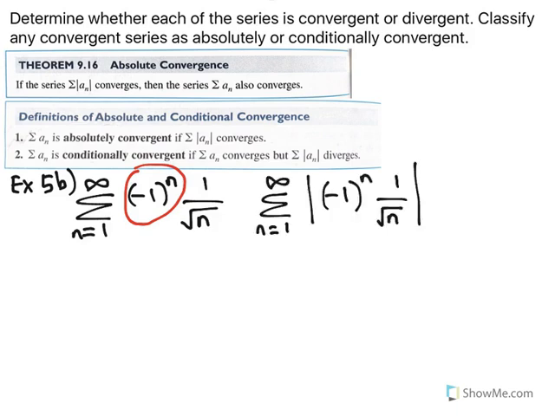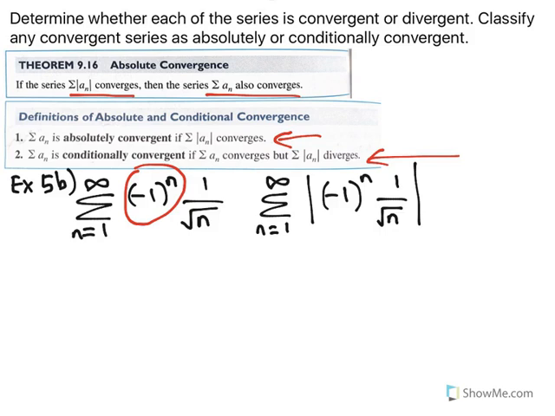We can determine if it converges or diverges. If it converges, then we can use Theorem 9.16 to conclude that the original series must also converge, and we would know that the original sign series is absolutely convergent. However, if it diverges, then we may have conditional convergence, so we would have to check for conditional convergence.